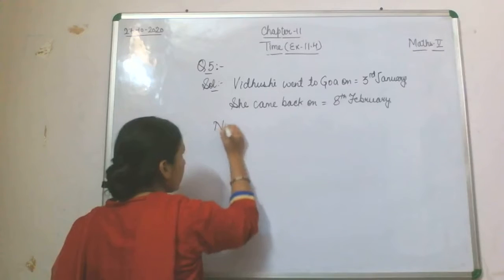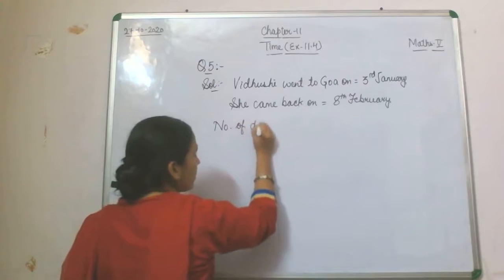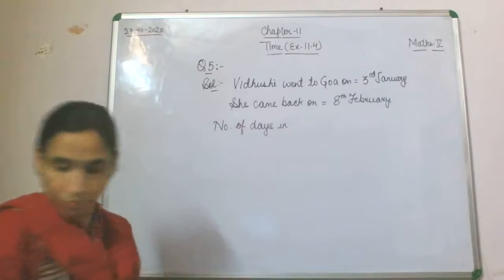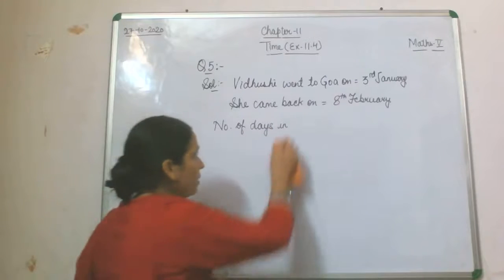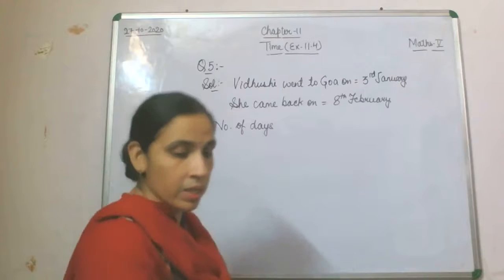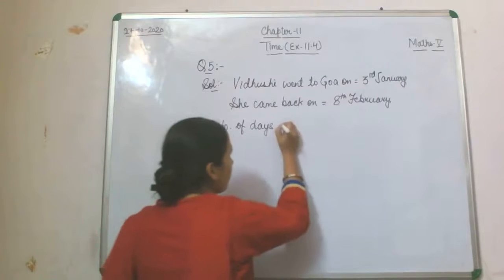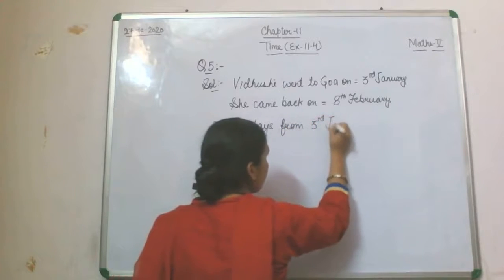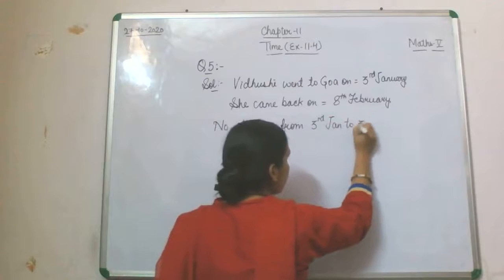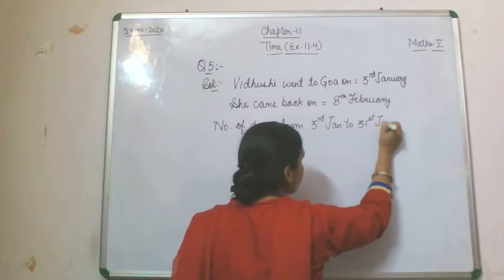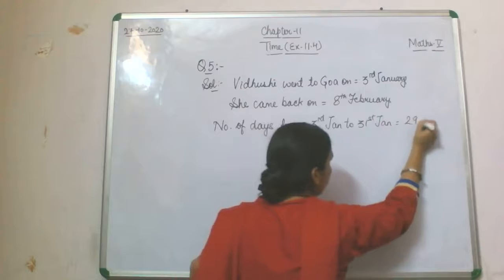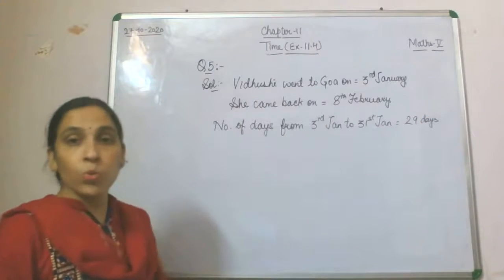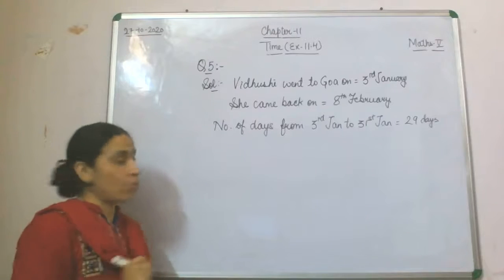Number of days from 3rd January to 31st January, that will be 29 days, because the third day will be included in that, means 31 minus 2.